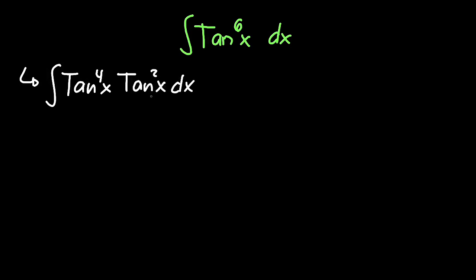The next step would be to transform this factored out into its trigonometric identity. Tan squared of x would be equal to secant squared of x minus 1. And now, let's substitute it.